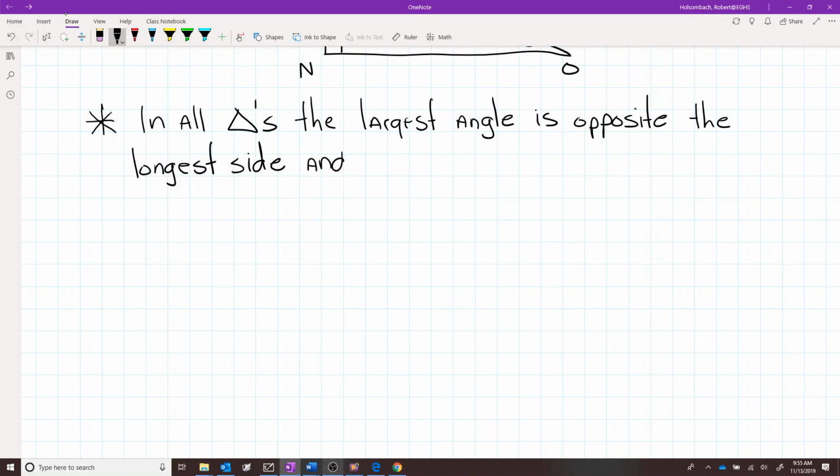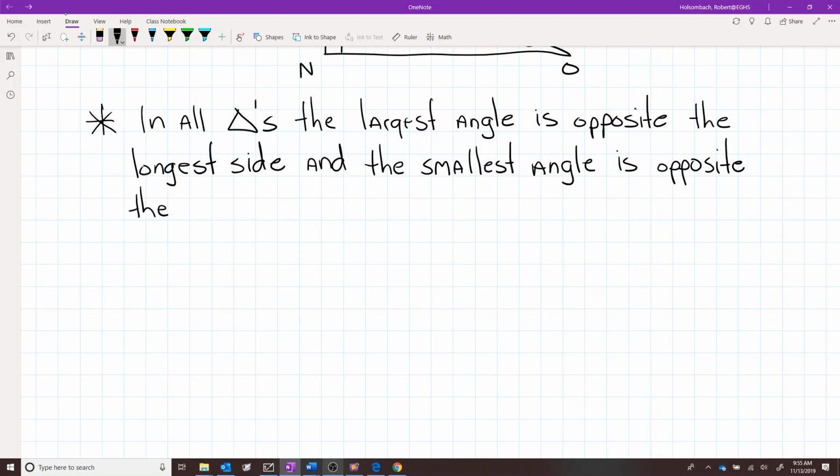And the smallest angle is opposite the shortest side.